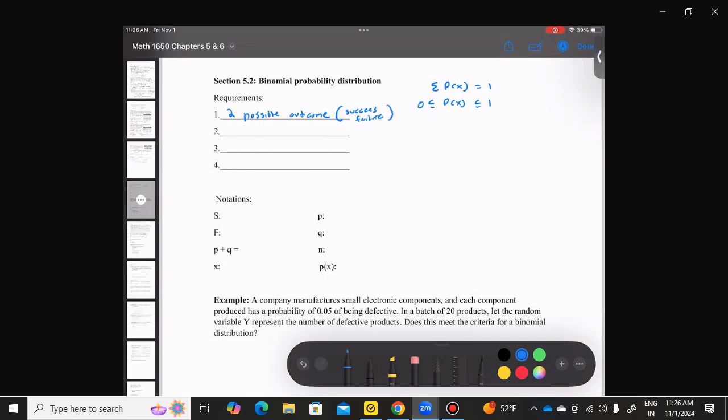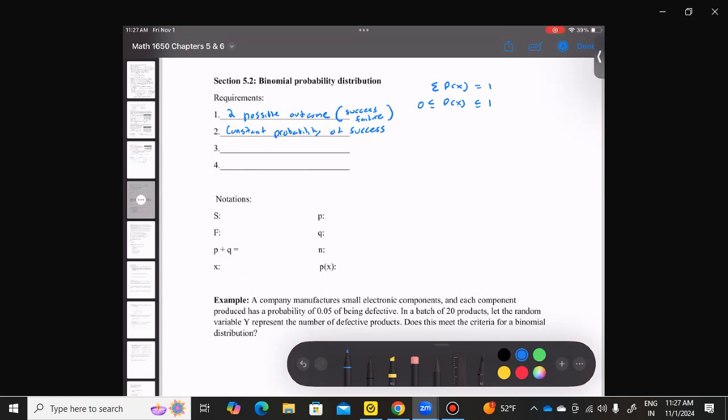And then the probability of having success in one trial has to be consistent across all trials. So constant probability of success. The simplest idea would be flipping a coin.